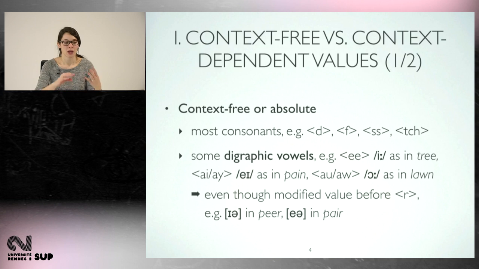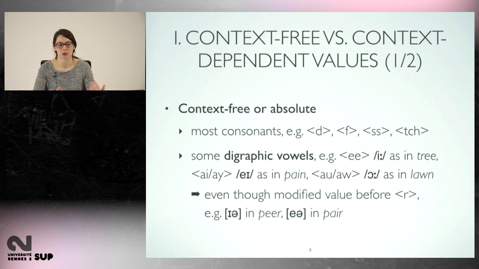So that is why, because it's not random and it's predictable by rule, we do not need to consider the value of the digraph as pronounced before R as a completely separate value.